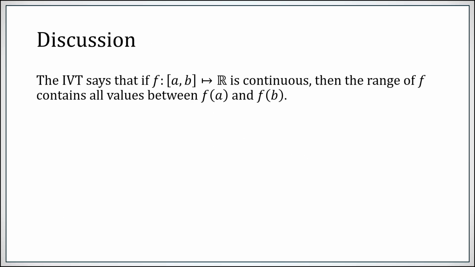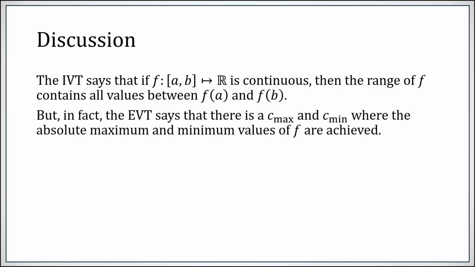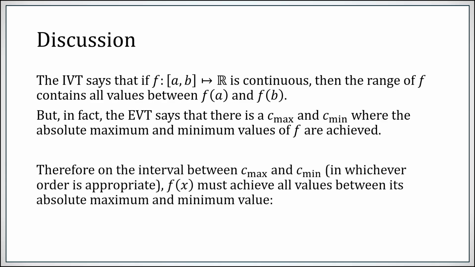So the intermediate value theorem says that if you have a function continuous on a domain which is a closed bounded interval, the range contains every value between the values at the endpoints. But the extreme value theorem actually says there's a maximum and minimum value in the range.